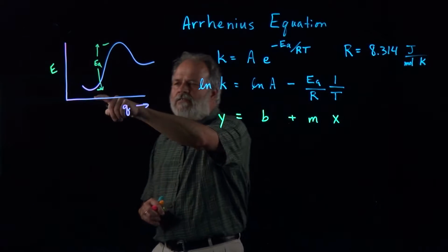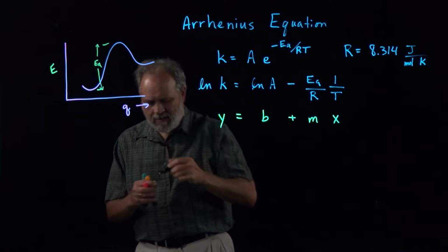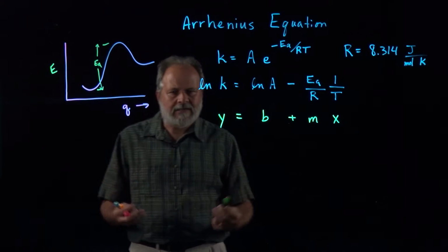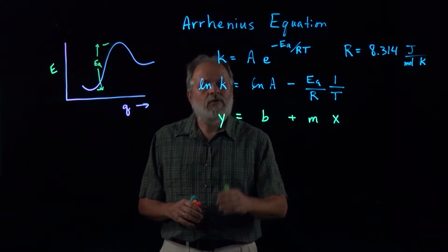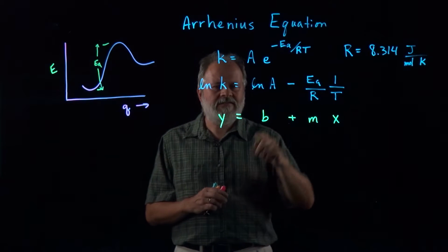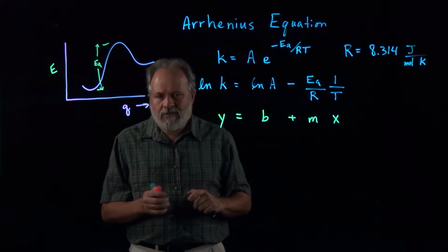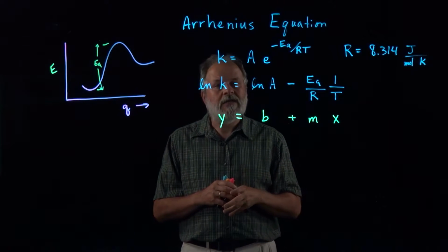It's the amount of energy you have to put into the reactants to get them to the point energetically where the reaction will occur. Okay, so what you can see from the Arrhenius equation is that this has an exponential and it's a negative exponential dependence.